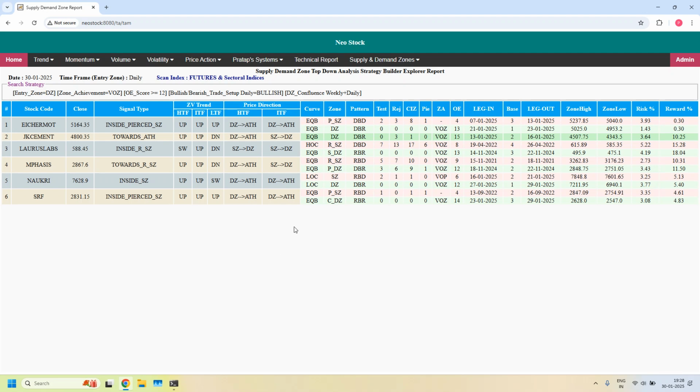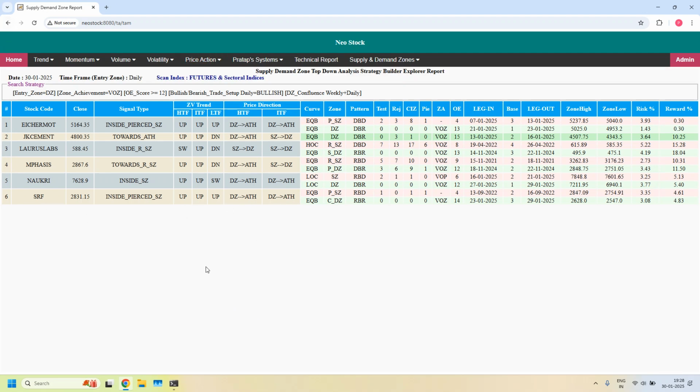In all these 6 stocks, these daily demand zones are overlapped with weekly demand zone. That means they are part of the weekly zone. And the weekly trend is up in all the stocks, ITF trend. That's why let us further filter based on weekly demand zone having weekly EMA confluence, because the daily zone is part of the weekly zone.